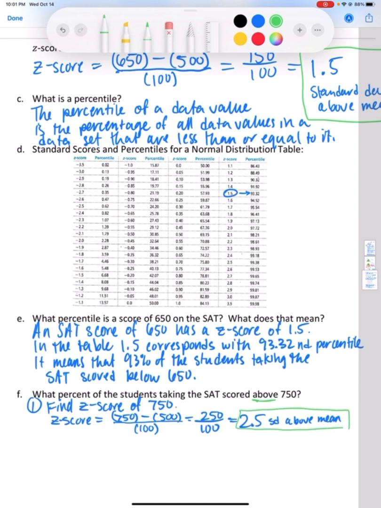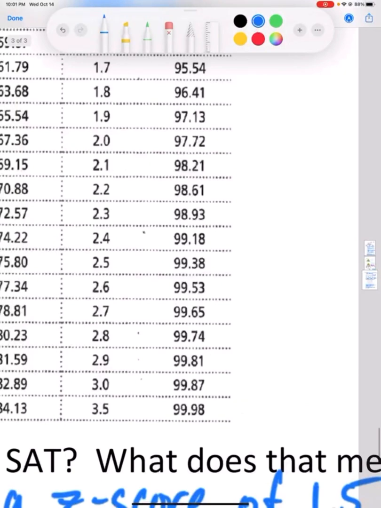The next step is to find the percentile. Again, the percentile is the percent of the students that scored at or below that z-score. So for the percentile of 2.5, we'll zoom in here on our table.